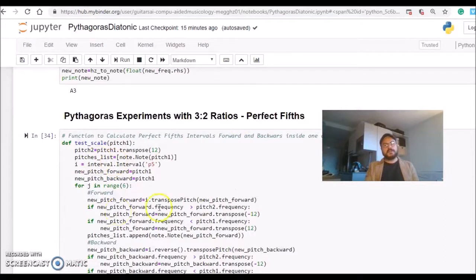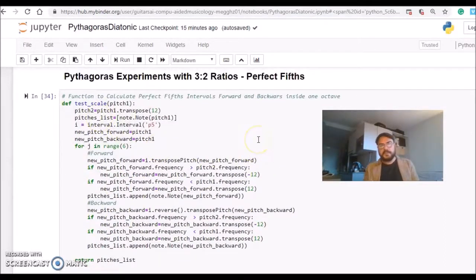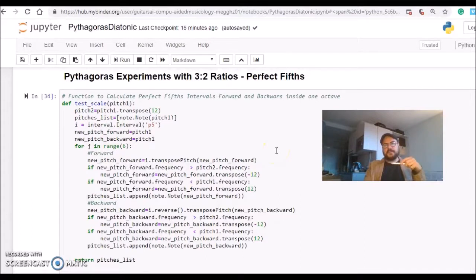So here I have a function that will take a pitch, and it will define this boundary, which is 1 octave, so it's a ratio of 2/1, and then it will calculate the perfect fifth, which is the ratio of 3/2, up and down, and every time it goes out of the boundaries, it transposes by an octave, so it gets inside these boundaries.